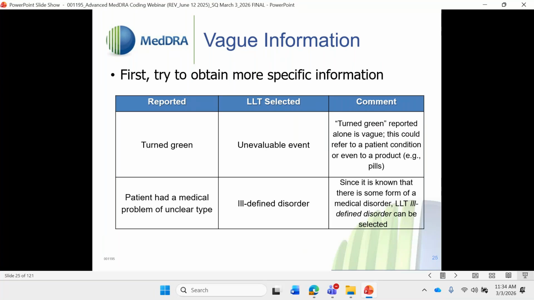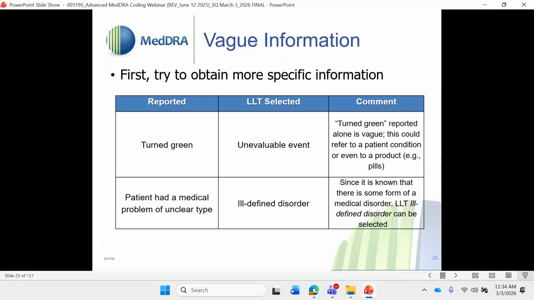Well, some people may choose something like nail is green. You can't assume, never assume, because what turned green? We don't know if the pill turned green. We don't know if the person's skin turned green. We don't know if his toenail turned green. We don't know what it was. Was it a product? Was it the person? Therefore, it's very vague or ambiguous.